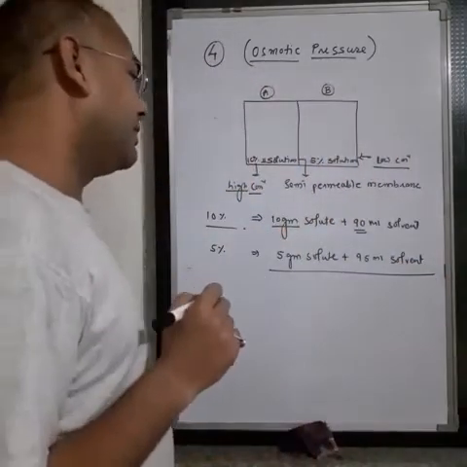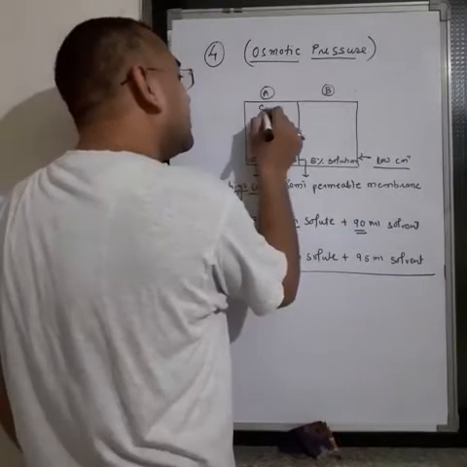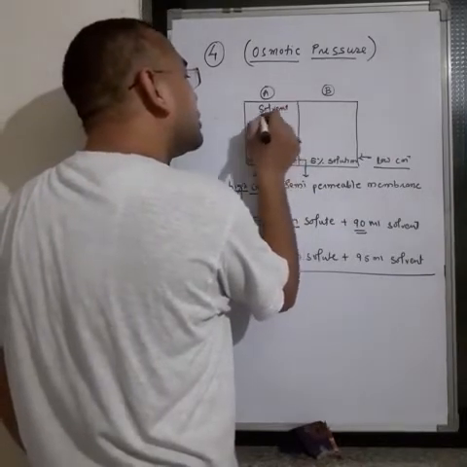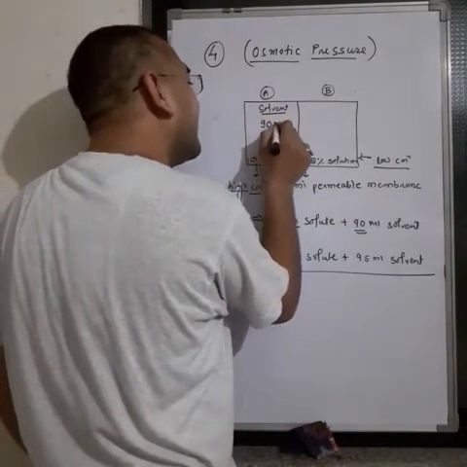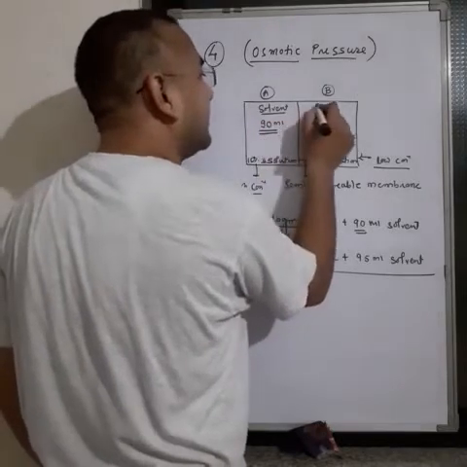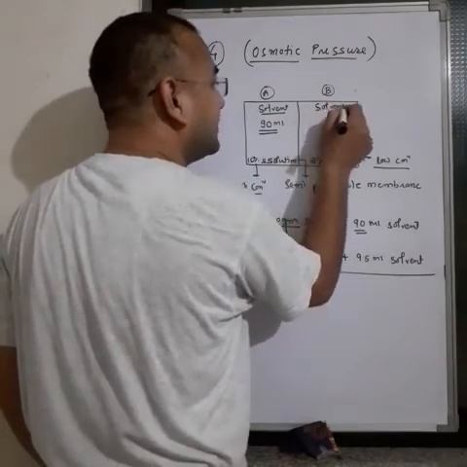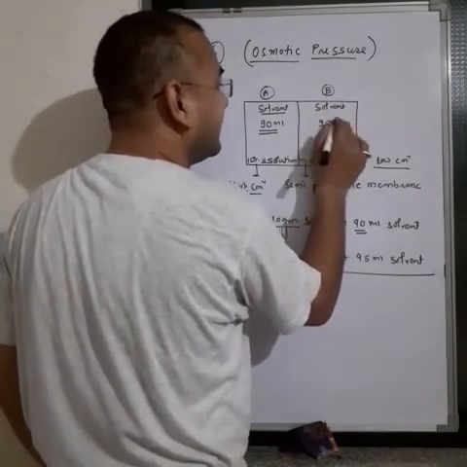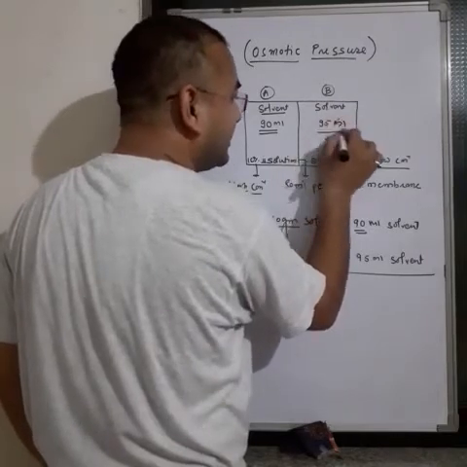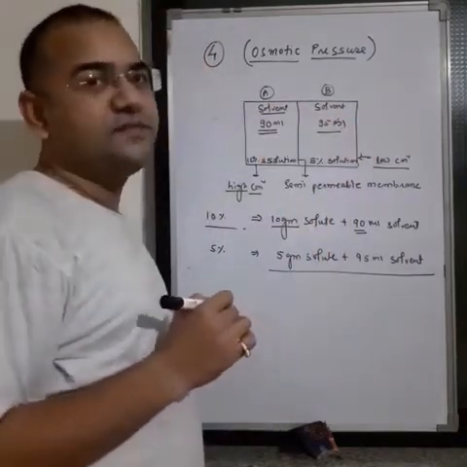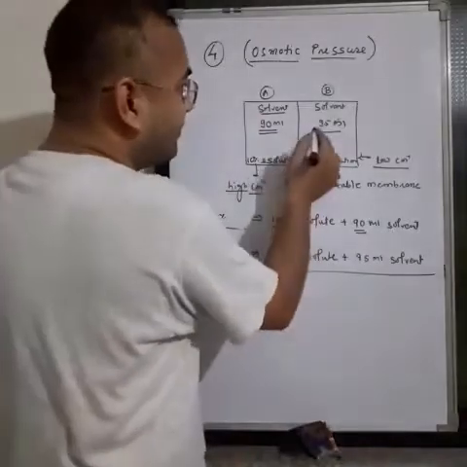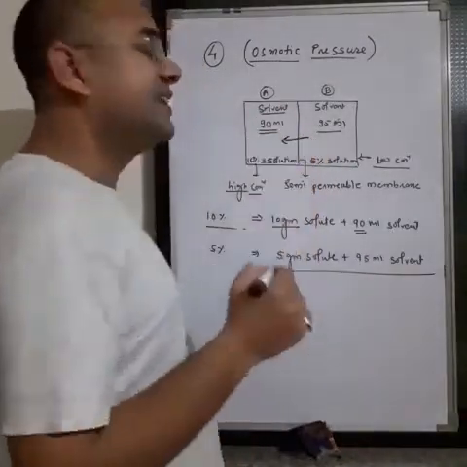So here solvent is 90 ml, here solvent is 95 ml. Now tell me students, how will the solvent flow? The solvent will flow from 95 to 90.